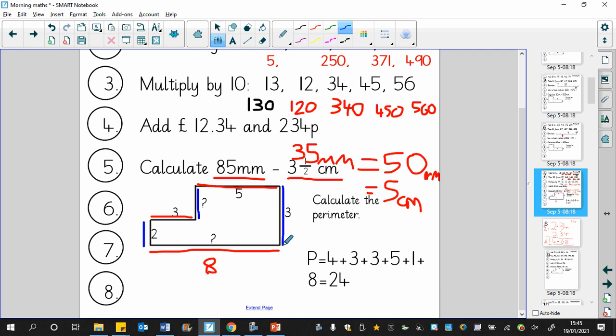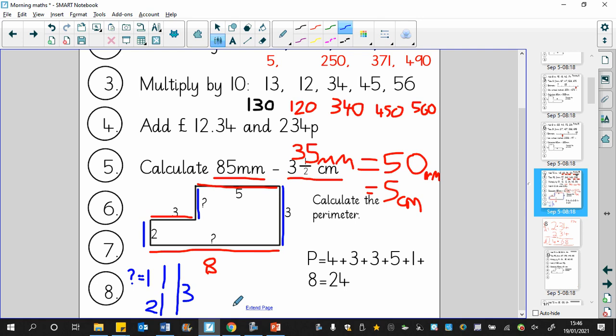Now, if we think about it, we've got 3, which is the total, and then we've got the question mark at the top there, and then we've got the 2, which is there. So therefore, the question mark must be equal to 1.